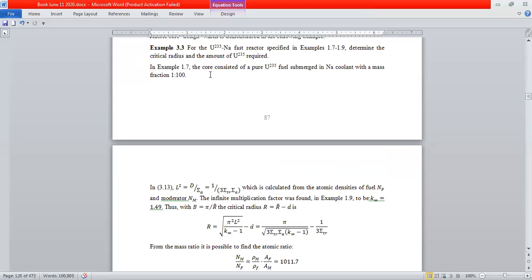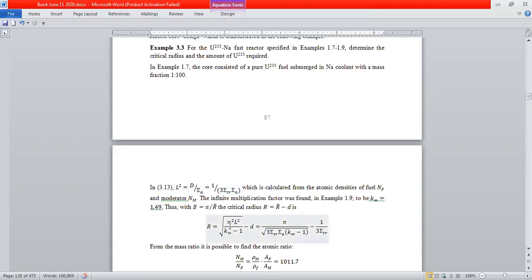So in one of the examples, the core consisted of pure U235 fuel submerged in sodium coolant with mass fraction 1 to 100. First, let's calculate L squared. Then from the 4-factor formula, epsilon p eta f, let's calculate K infinity.